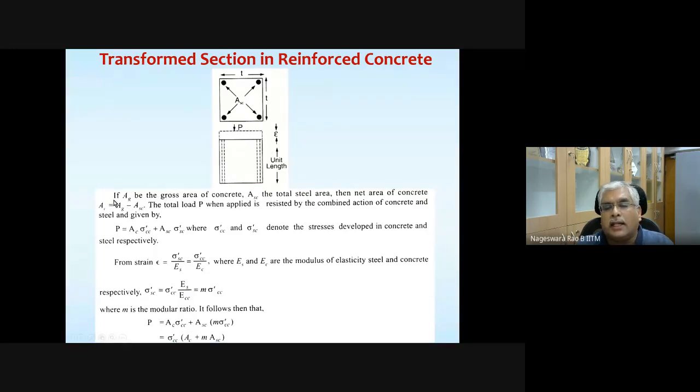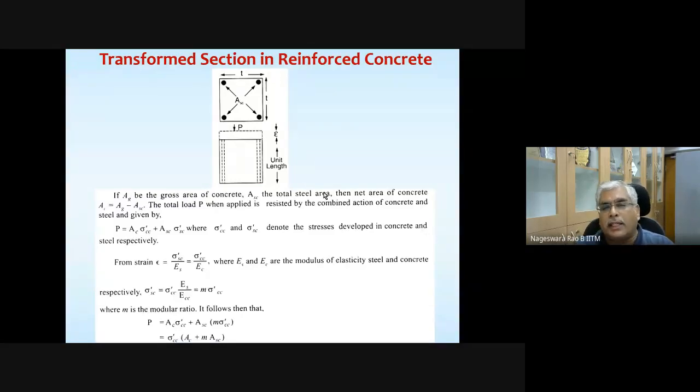Let's read this. T by T is the total area of the column. So if AG is the gross area of the column, ASC is the total steel area in compression. Okay, are you noting down?